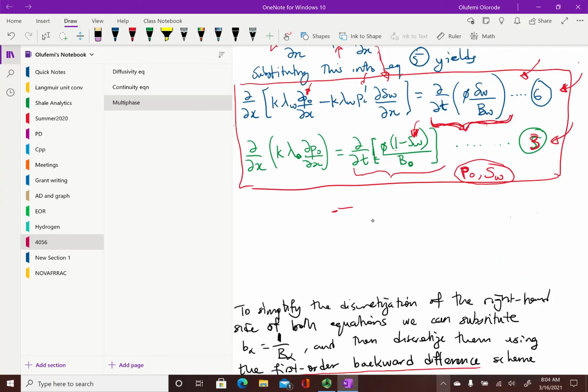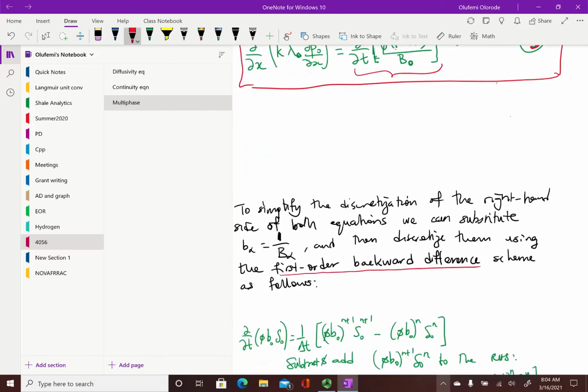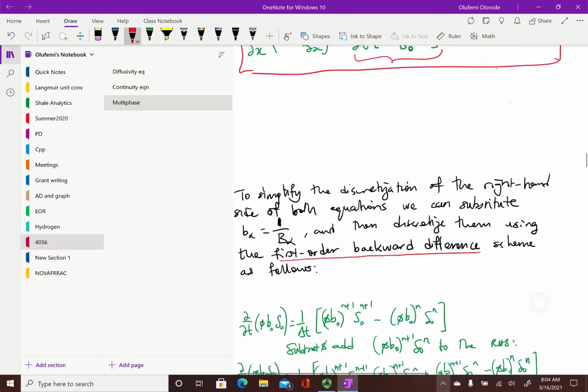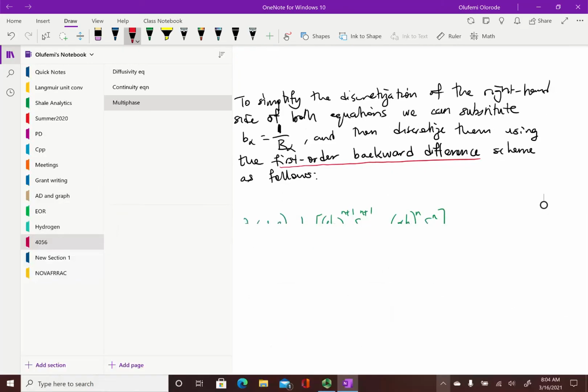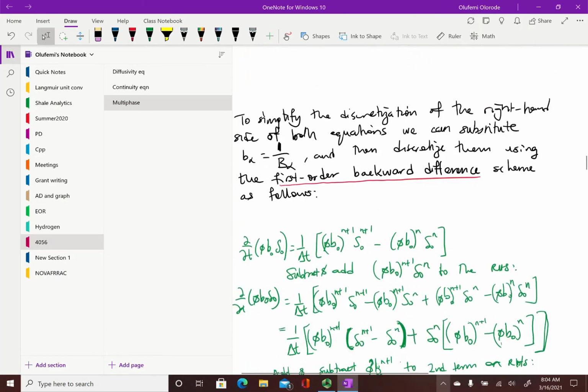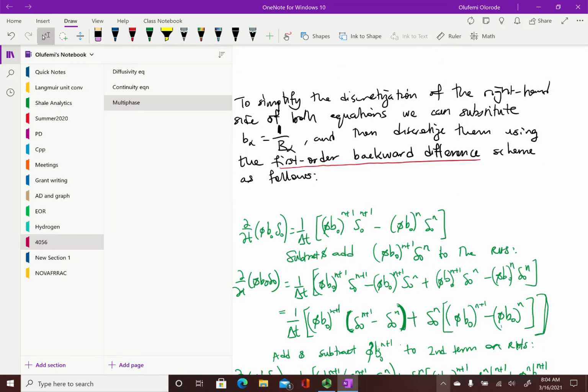So we will start out by discretizing the right hand side. I explained, this is the question you guys worked on, question number 2 in your midterm. How do you discretize the right hand side? Backward first order difference, right? So first order backward difference. And then we start out with the oil discretization.